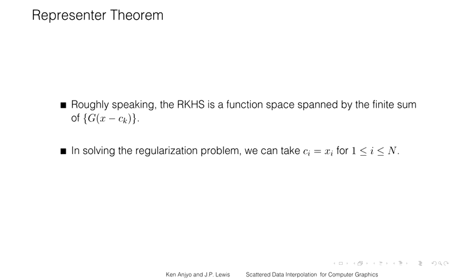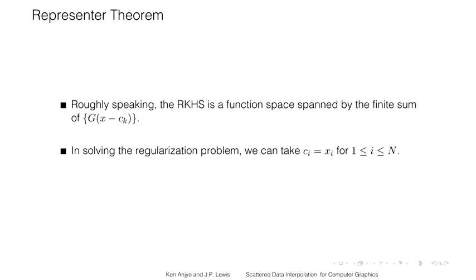And then we show this very powerful theorem called the representer theorem. Since the solution, as shown in the previous slide, is represented as a linear weighted sum of G(x minus c_k), what we should do is to find the finite number of weights, which are the coefficients of this type of functions. We know that the problem should originally be solved in the function space, the Beppo-Levi space. It's an infinite dimensional space.